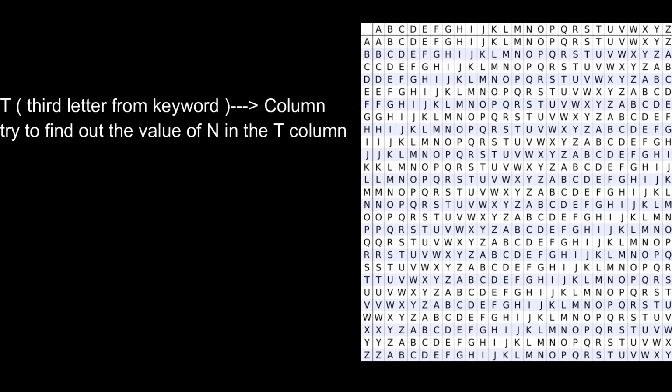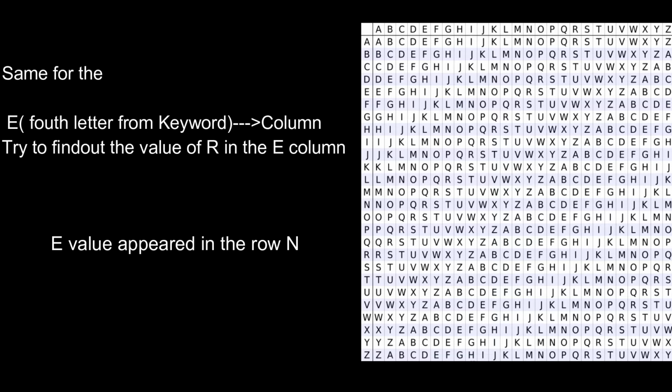Then the T column, and find the value of N in the column. Here the value N appears in the row U. Same thing for the E column, find the value of R in the same column. Here the value R appears in the row N. Note down the N value.